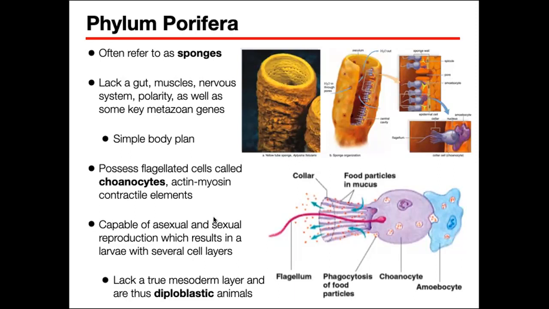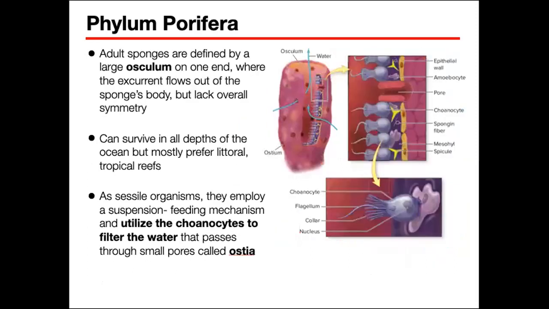And in terms of the germ layers, sponges are diploblastic. Ibig sabihin, wala sila nung true na mesoderm layer.